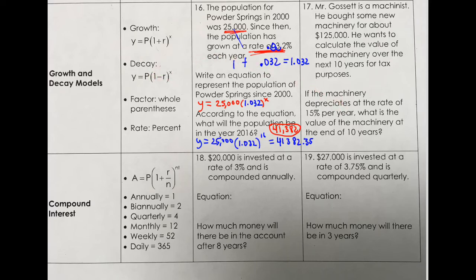And so that's right. We started with 125,000. We're talking about going down at a rate of 15%, and so we slide our decimal over twice.